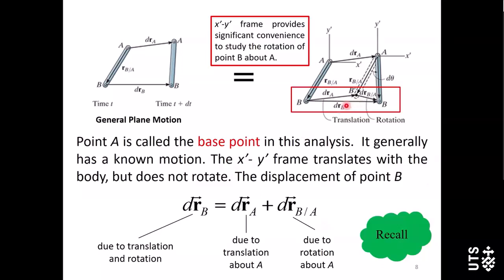Okay, now look at the displacement of point B, the displacement of point A, and the displacement of point B with respect to point A. Here we can see the three vectors, their relationship will be like this.